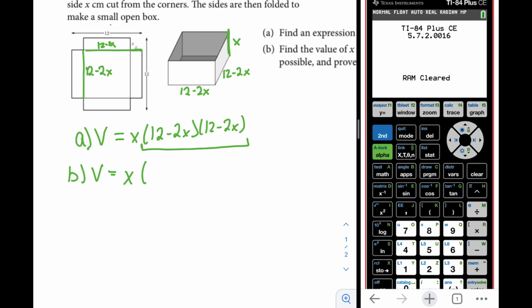When I use FOIL to expand this, we get 144, which is 12 times 12, minus 24x minus 24x plus 4x squared. And then we can simplify even further.